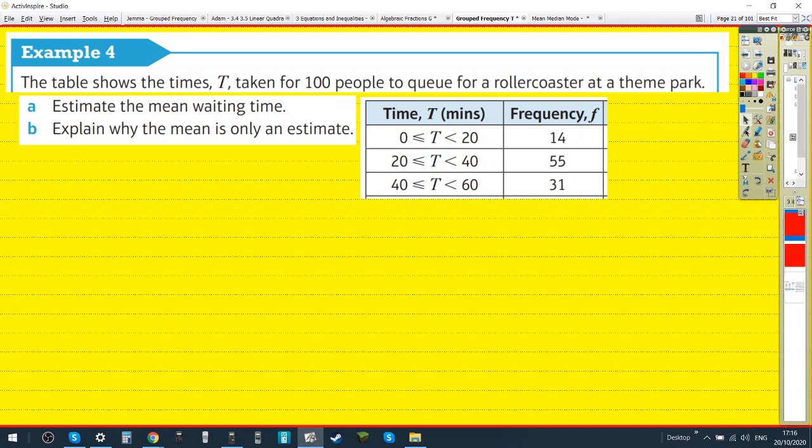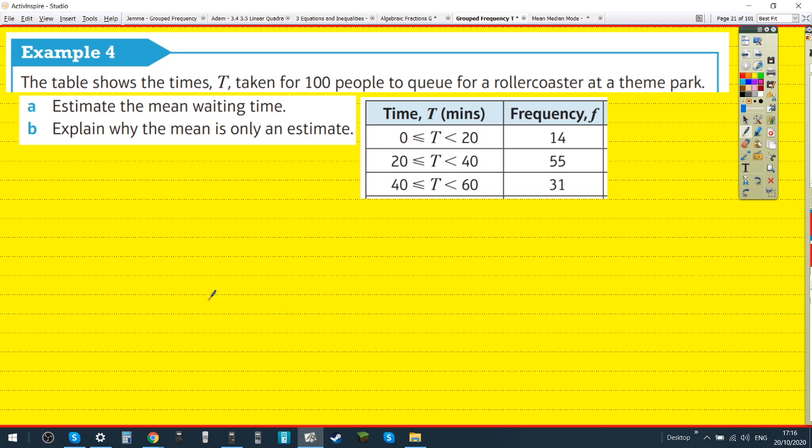Estimate the mean waiting time. Any idea how you find the mean for this one?